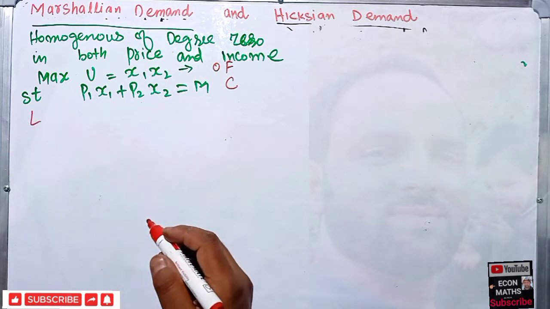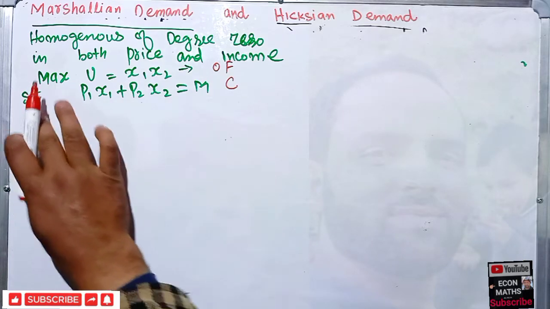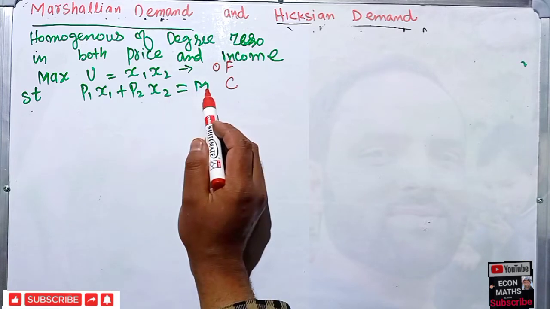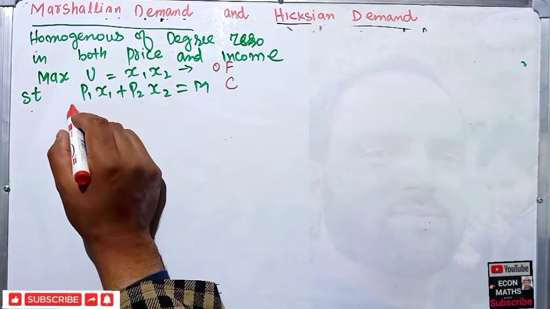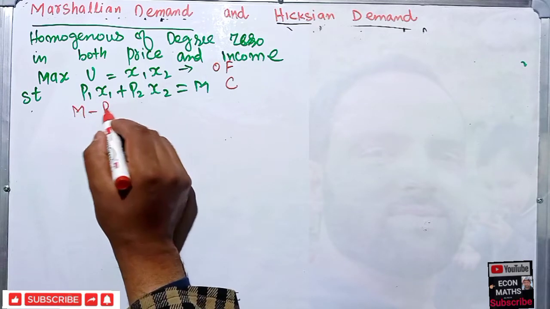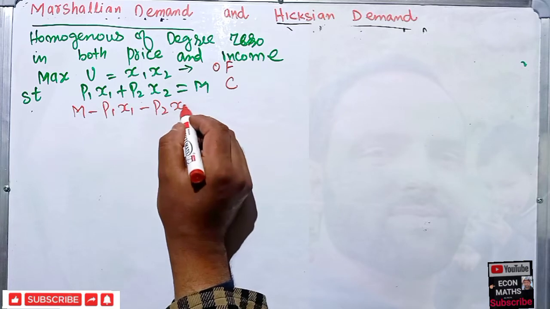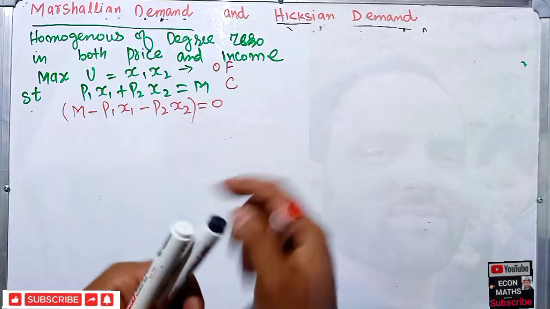Okay, so first we form the Lagrange's function. Before forming it, we set this constraint equal to 0 and multiply it by lambda. We will write m minus p1 x1 minus p2 x2 is equal to 0, and we multiply it by lambda.